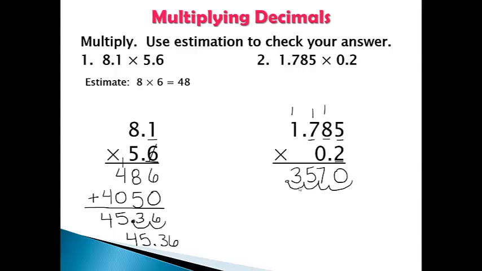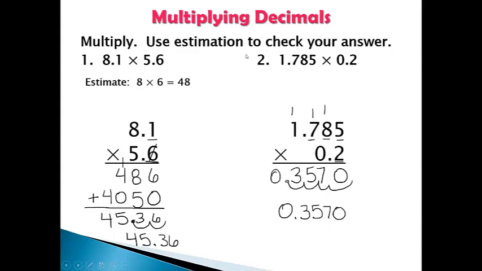So that puts it in front of the 3. We can then put a 0 in front of that decimal to hold the place of the ones place. So we're going to have 0 and 3,570 10,000ths.